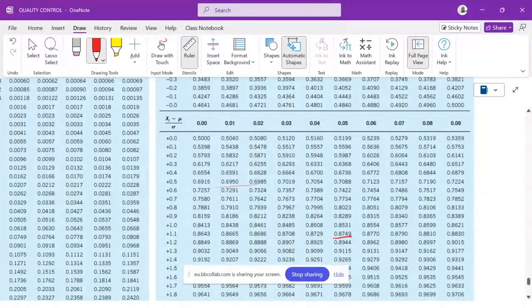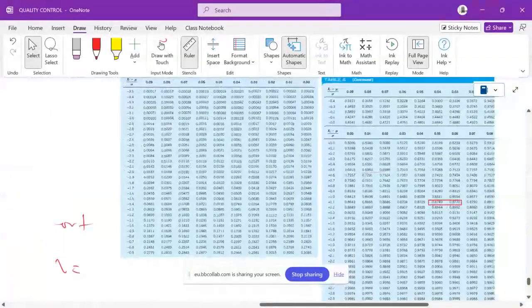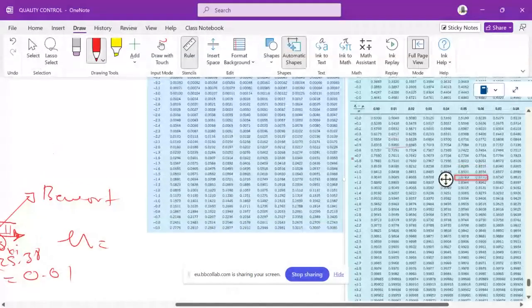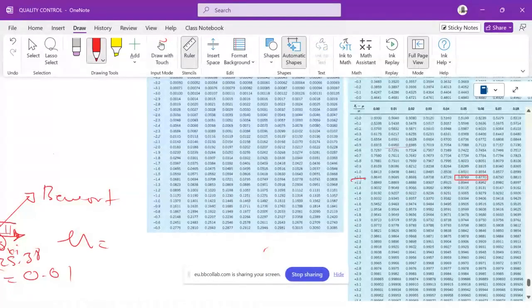My value is around about here, so I can simply take 1.15 and 1.16.